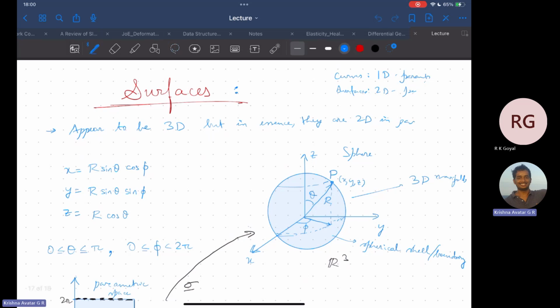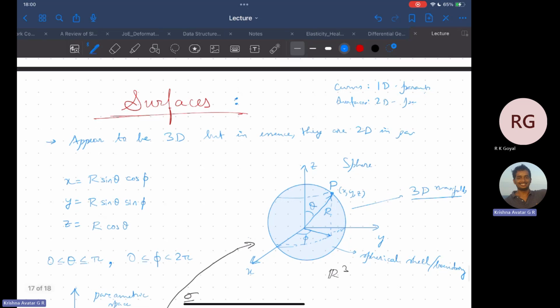So I was reading about manifolds. Actually, yes, a sphere is a 3D manifold, and curves are also, since they exist in 3D, right? So they are also 3D manifolds once they are in 3D.